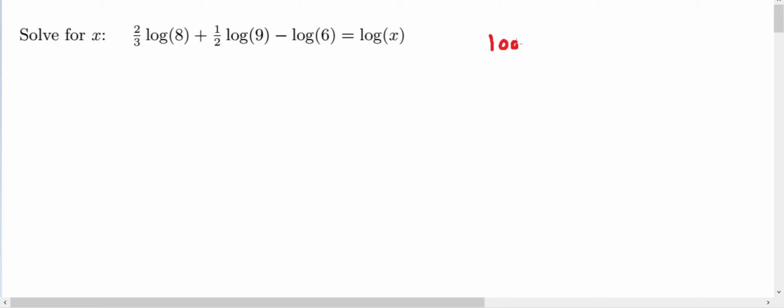So if we have log of a product, then this would be log a plus log b. And so we're converting the operation of multiplication in the argument of the log to addition between two different logs.